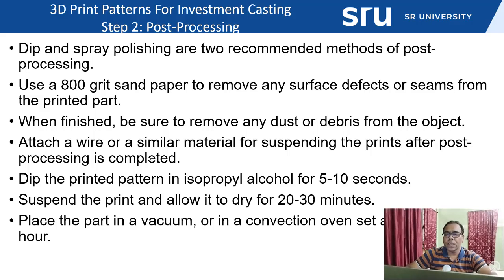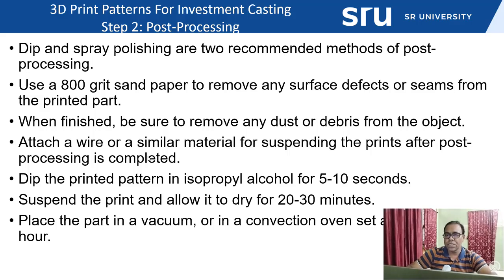Now coming to step 2, you have to perform the post-processing operation. Once your CAD product is manufactured, you have to go for post-processing. In post-processing, dip and spray polishing are the two methods, and you have to use 800 grit sandpaper to remove any surface defects or seams on the printed part.